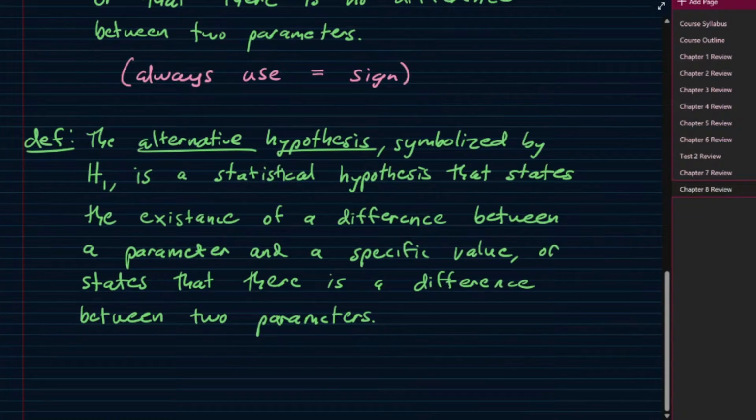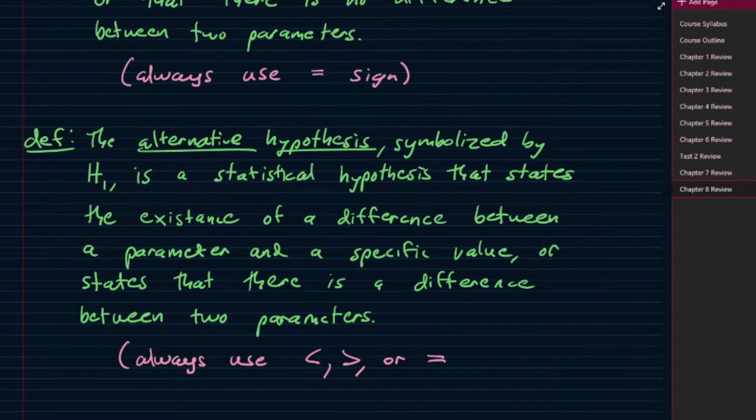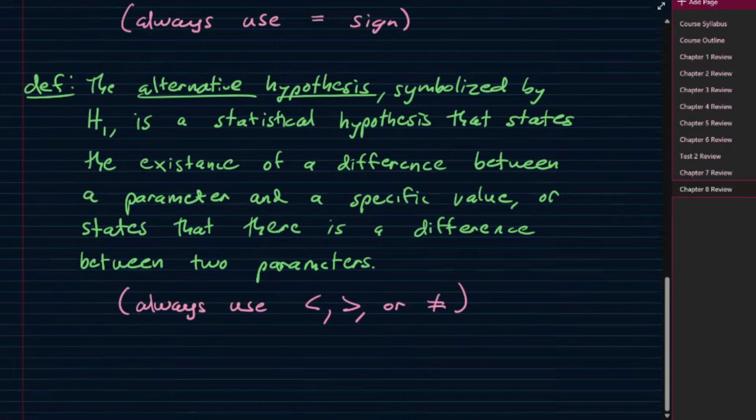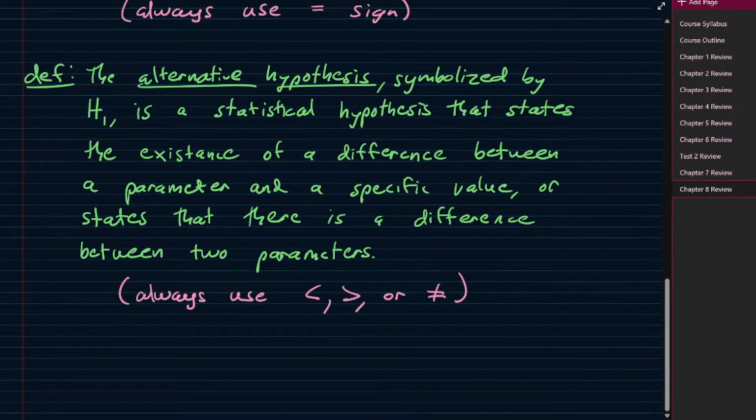And for the alternative hypothesis, we're always going to be using a less than, a greater than, or a not equal to symbol, depending on the context of what we're trying to prove or disprove about the null hypothesis.